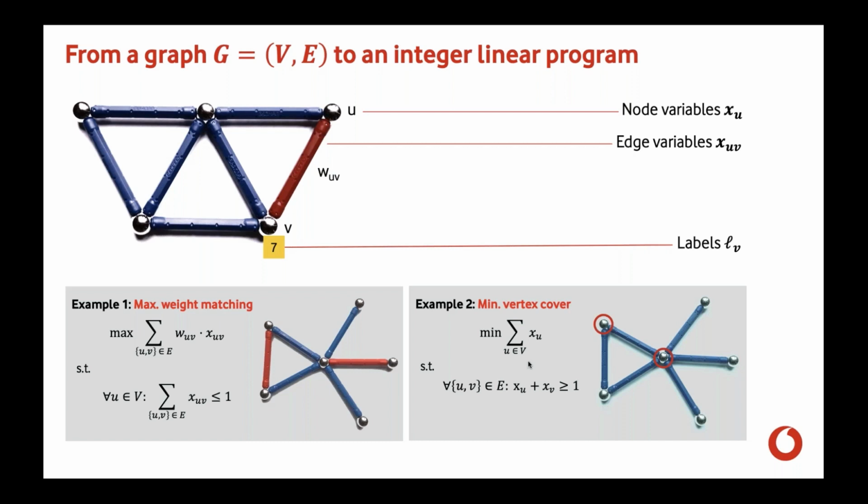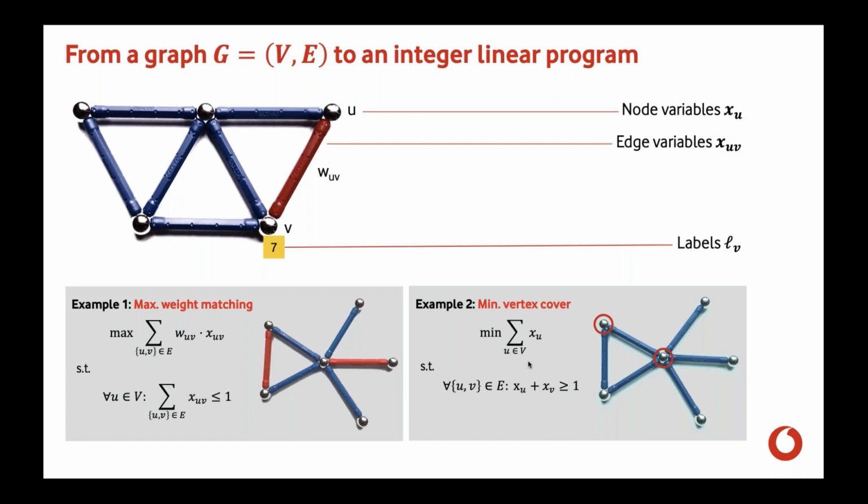A similar problem is the minimum vertex cover problem, where we are trying to select a set of vertices in the graph such that each edge is adjacent to one of the vertices that is selected. So again, this is an optimization problem on a linear objective, this time a minimization problem. We want to minimize the number of vertices chosen such that all the edges are covered.